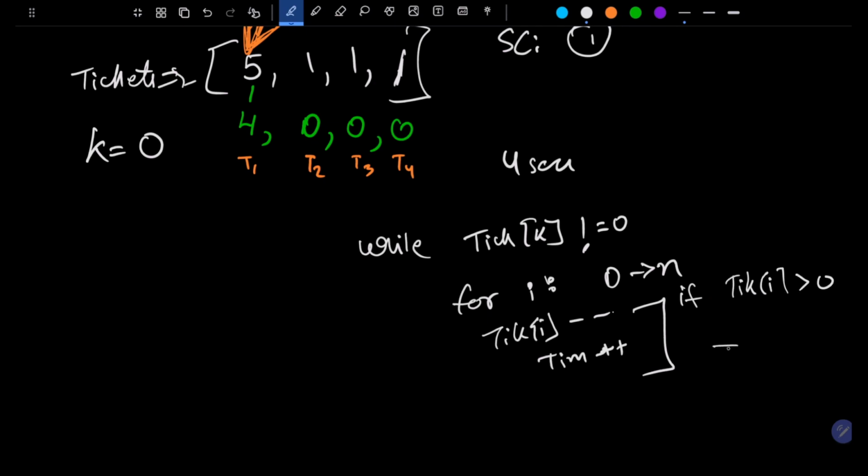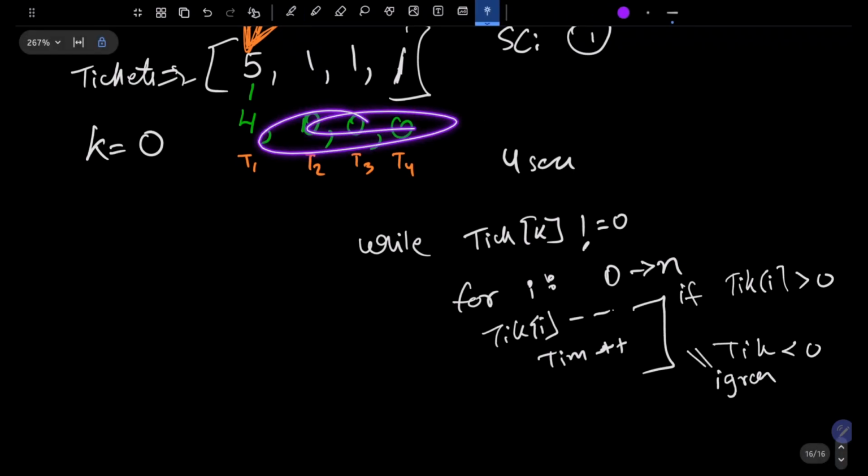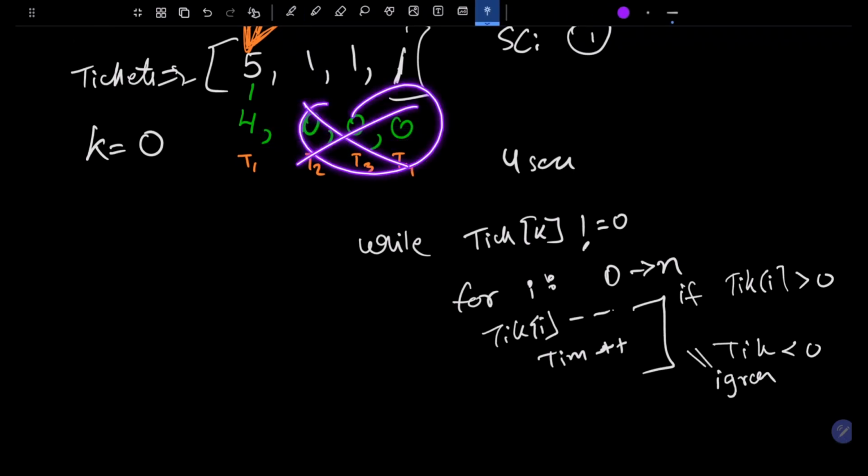If it is not, if ticket is less than or equal to 0, I'll just ignore this one. This particular case does not require any ticket, so I'll ignore this part. For this one alone, it will keep on incrementing my time and decrementing its ask.